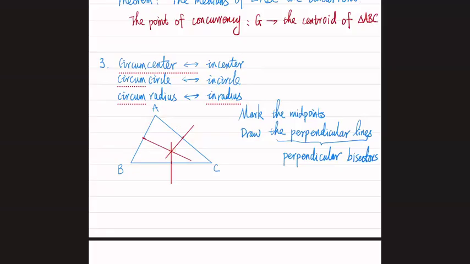Okay, so to convince you, I'm going to mark this as the perpendicular bisectors theorem: perpendicular bisectors are concurrent.